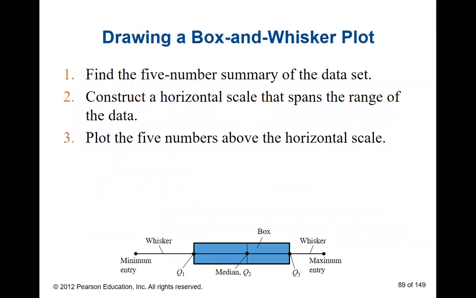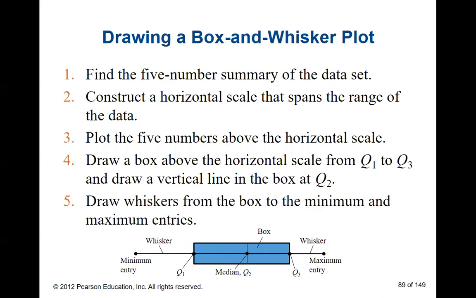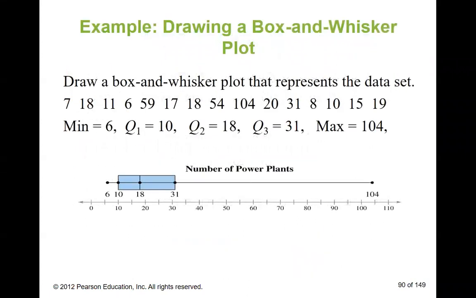So your Q1 and your Q3 will be the ending points of your box. Your whiskers will go out to your minimum and out to your maximum. And then you want to show where the median belongs by drawing that inside the box. Okay? So look at what this looks like with an appropriate scale.